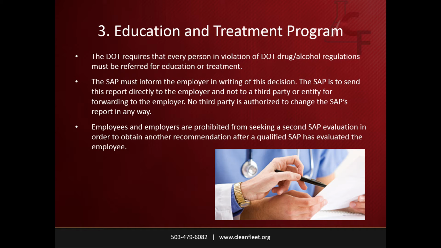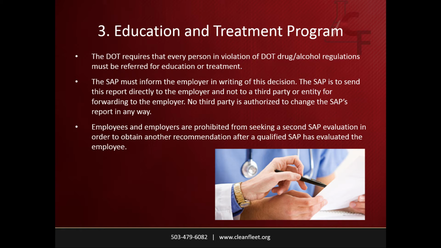And the SAP's determining what level of assistance the employee needs with a drug and alcohol problem. If it's a big problem, maybe a long history, they're going to probably require quite a few steps in this process before they can come back to that safety-sensitive role for the DOT.